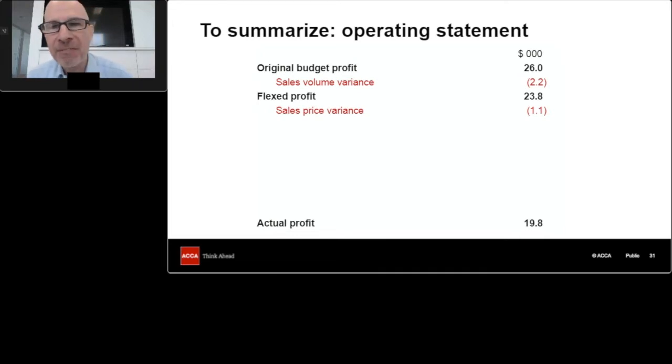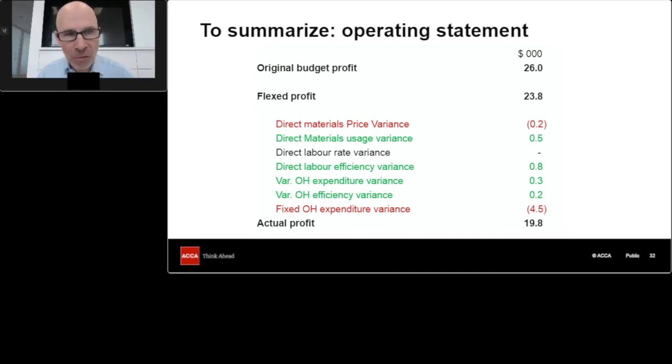And then we have the sales price variance, guys, right? So look at that. Our sales variances get plugged in. Then our cost variances get plugged in. And those cost variances tell us why the flexed profit was different from the actual profit.